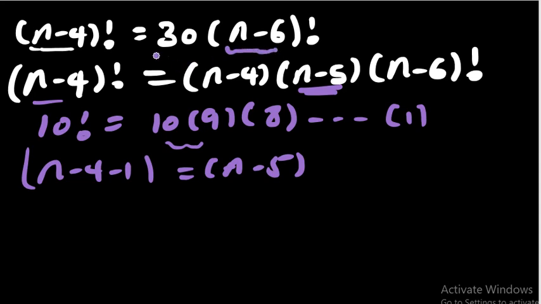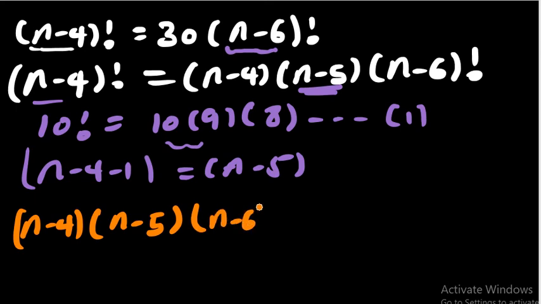My objective is to cancel that out. Therefore, the left hand side is (n minus 4) times (n minus 5) times (n minus 6) factorial, which equals 30 times (n minus 6) factorial.